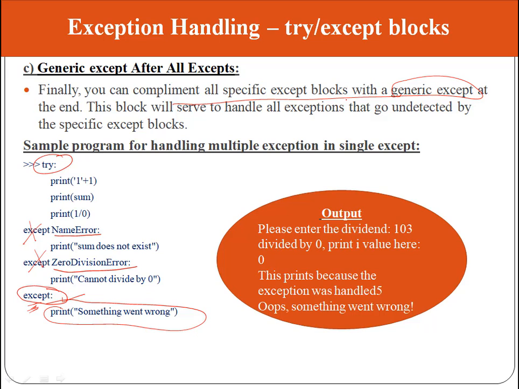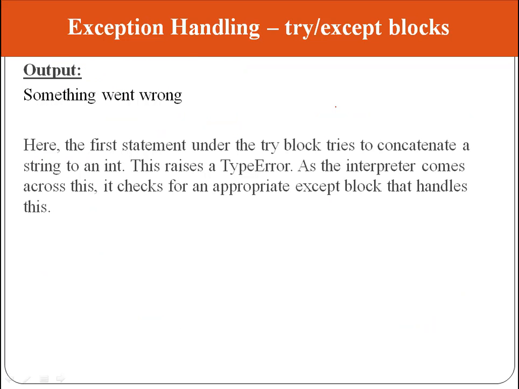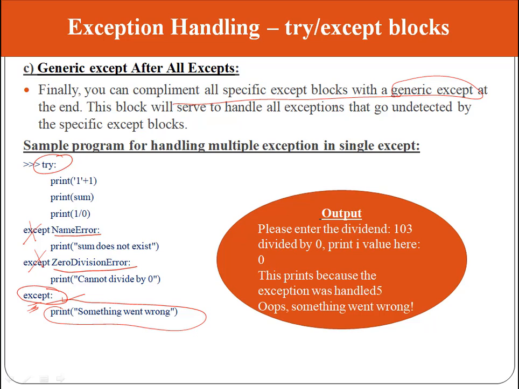This block will serve to handle all exceptions that go undetected by the specific except blocks. The first statement under the try block tries to concatenate a string to an int. This raises a type error. As the interpreter comes across it, it checks for an appropriate except block that handles this. So type error is not there, so it is going to print something went wrong.